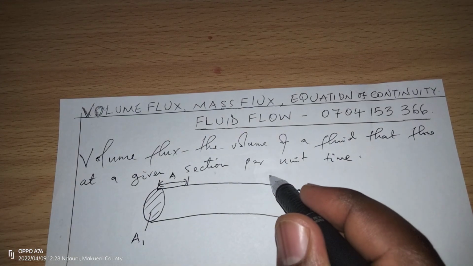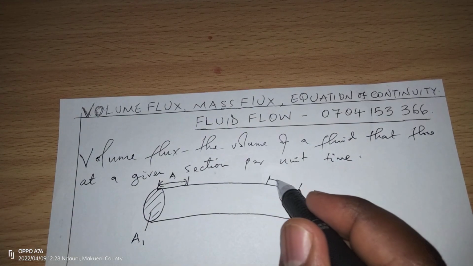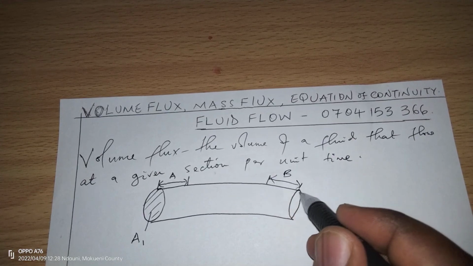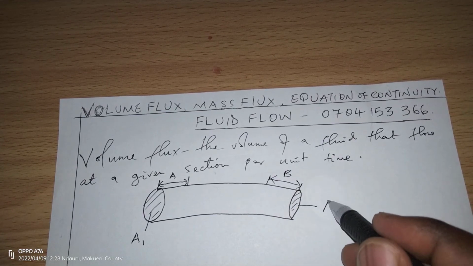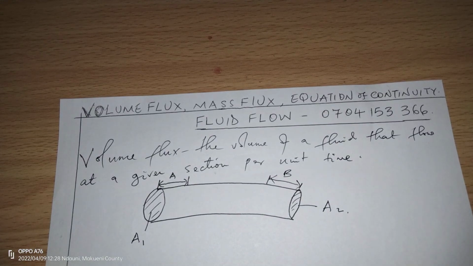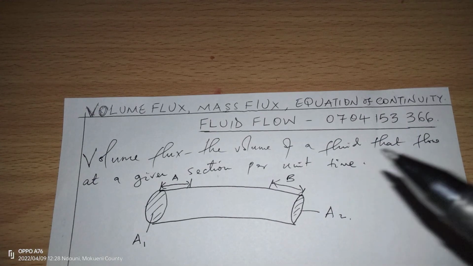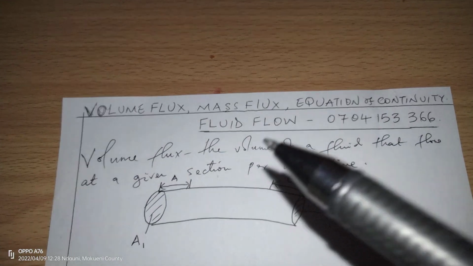Then on the other side, we have another section B. At B, we also have another area 2.